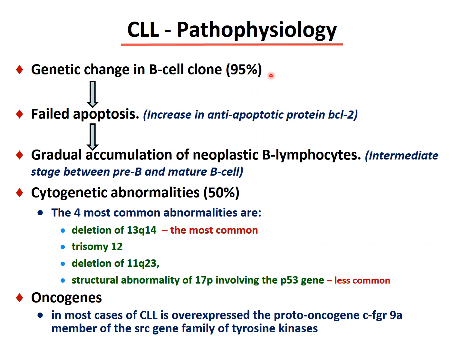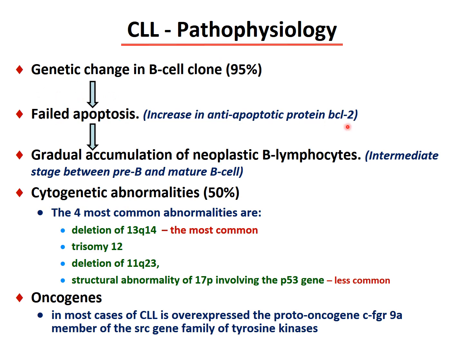Now, what is the pathomechanism or physiology of CLL? Basically, an early step of the B cell is affected, in mostly 95% of cases the B cells. We have a genetic stage that involves the apoptotic signal.